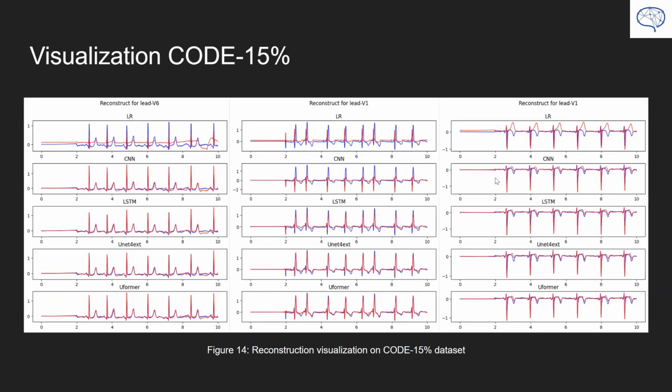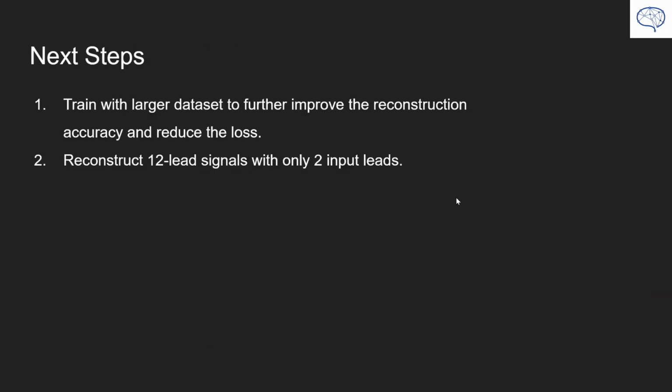But for CO15, we can immediately see that there's a mismatch between the reconstruction of linear regression and the ground truth. If you look closely enough, you'll find that the UNetFormer actually has slightly better reconstruction than LSTM and UNet. And that concludes our results for the models.